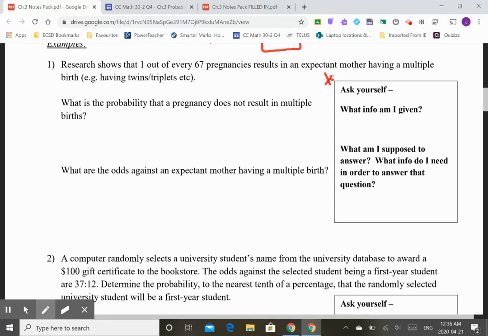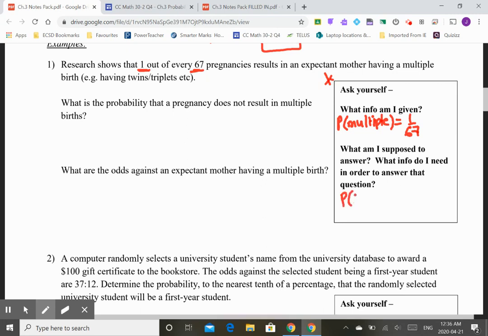So what info are we given? Well, 1 out of 67 pregnancies results in having a multiple birth. So what we're given there is the probability of having a multiple birth is 1 out of 67. What am I supposed to answer? So what do we want to know? Well, we want to know two things.